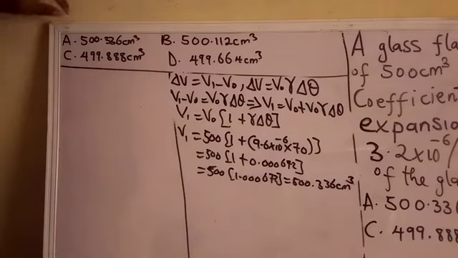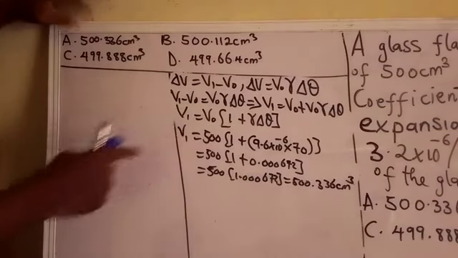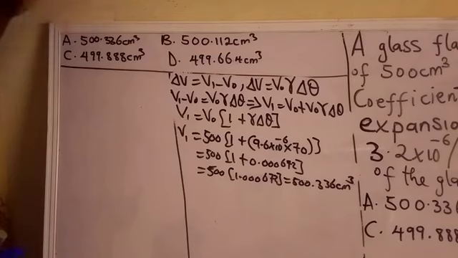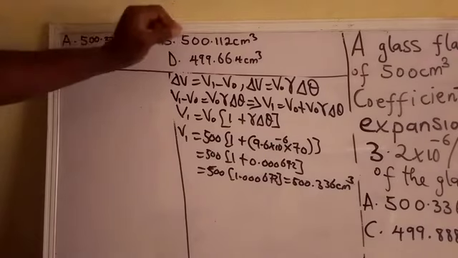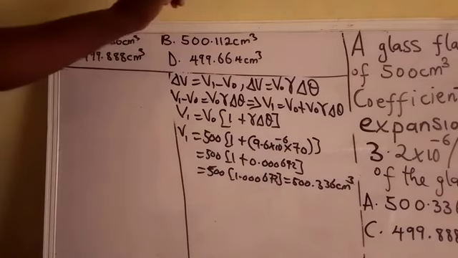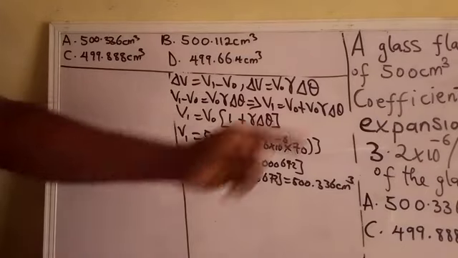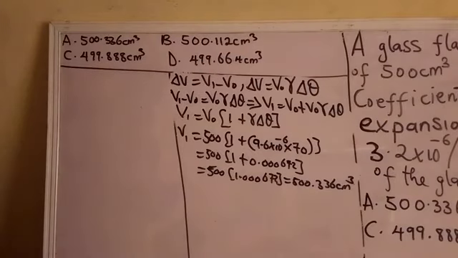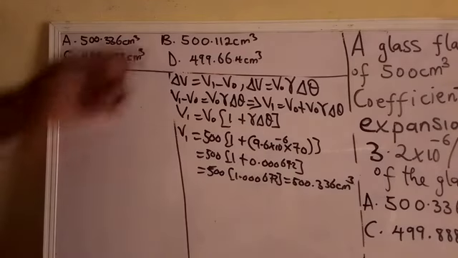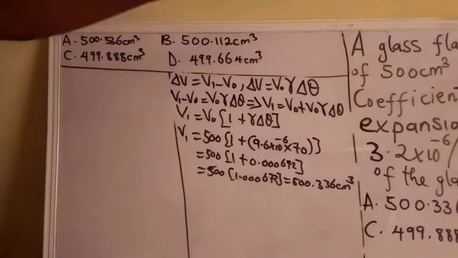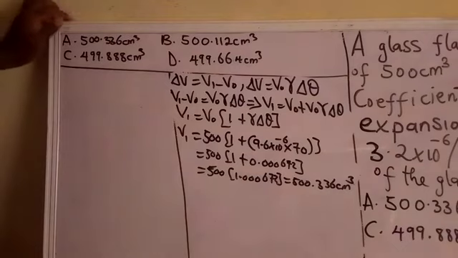Now, there's a little problem with this answer. When you go to the options, that is option A. So for a learner that does this, you go to the option, you see the answer, you think you're right. But when you go back to the question, look at this. It's going to increase in size if temperature increases. But the size must reduce if temperature reduced. How do we notice that? When the temperature was 100, the volume was 500 cm³.